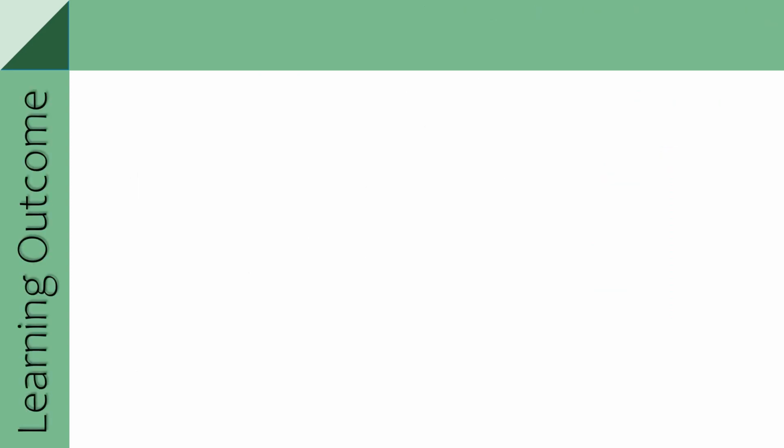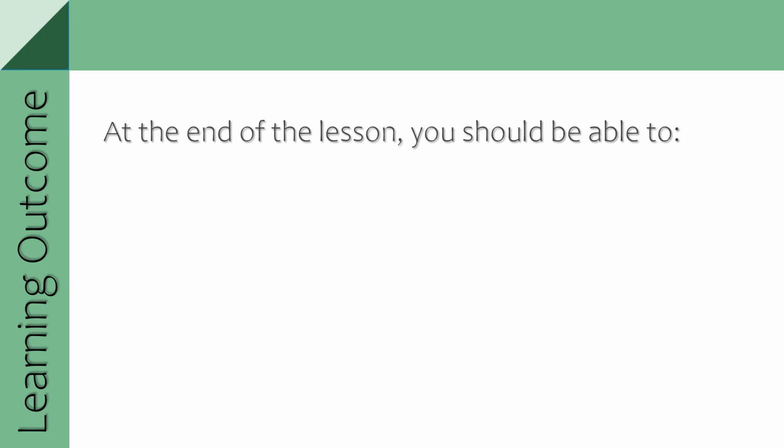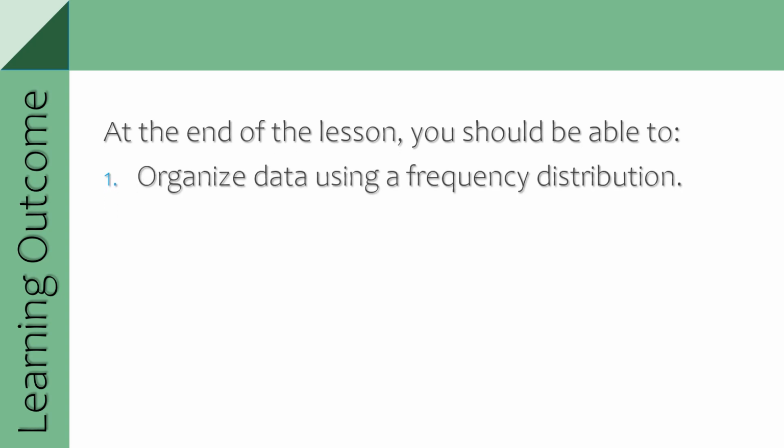For the learning outcome, at the end of the lesson, you should be able to organize data using the frequency distribution. I'm very familiar with this one, and I call this frequency distribution FDT, or the frequency distribution table.